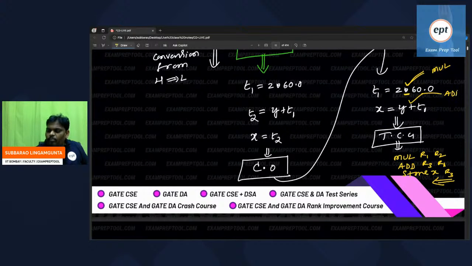Like that they will do mapping. It is not important, so I am not saying it clearly. Simply, target code means the final target, assembly language. Just map: first line multiplication operator, mul; second place addition, so add.